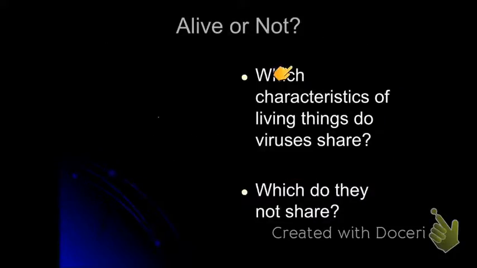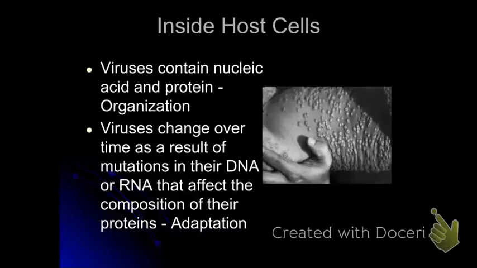So, which characteristics of living things do viruses share, and which do they not share? I want you to think about what they share and what they don't share. Viruses contain nucleic acid and proteins. They're kind of organized, and they change over time. So they mutate a little bit, and they adapt, so that's maybe a little bit of heredity.